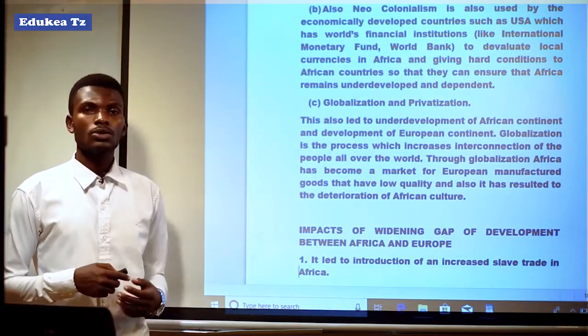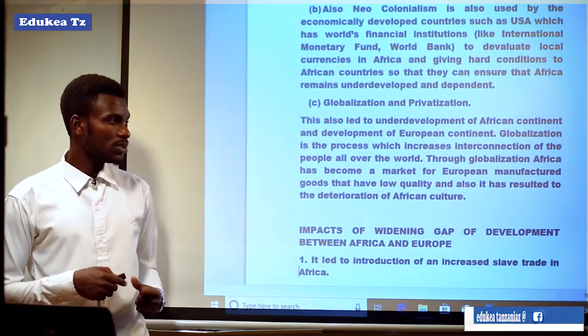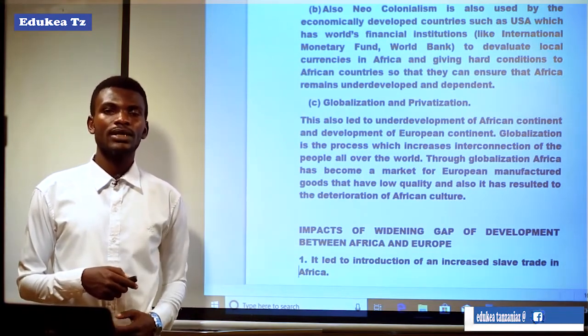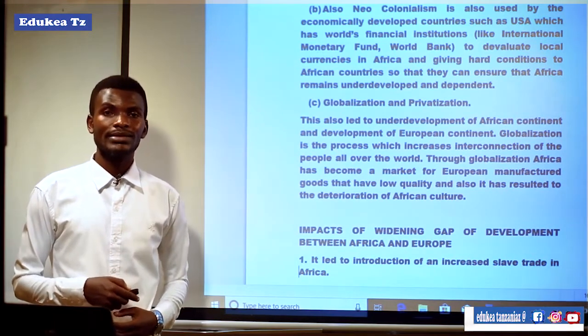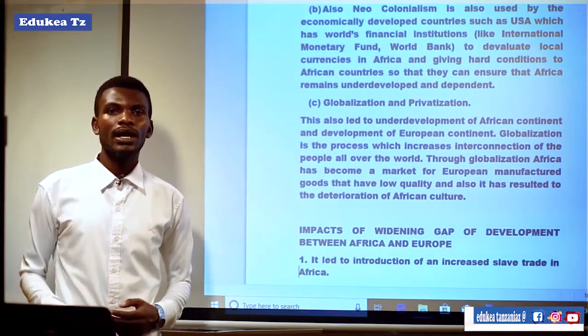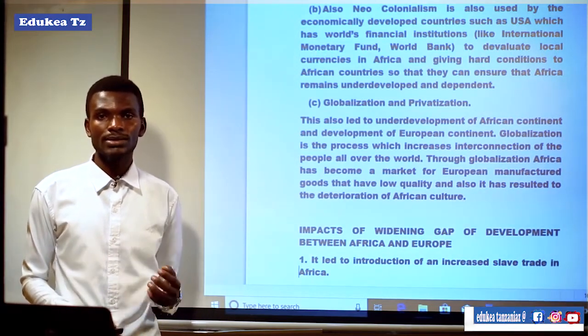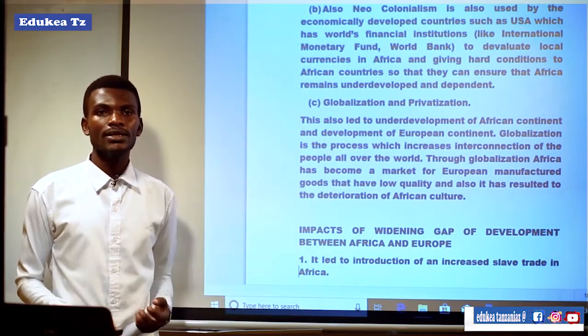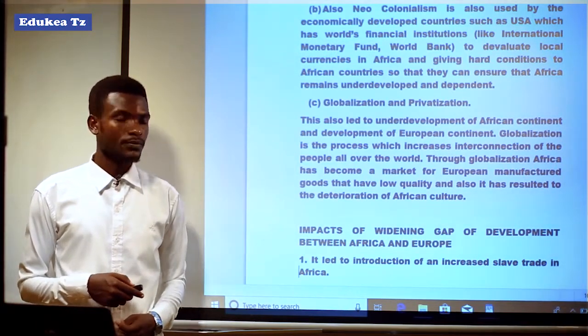And also globalization has led to the deterioration of African culture and imposed Western or European culture, so that Africans in the social aspect have been underdeveloped because their culture, local traditions and customs have been discarded and replaced by European culture.